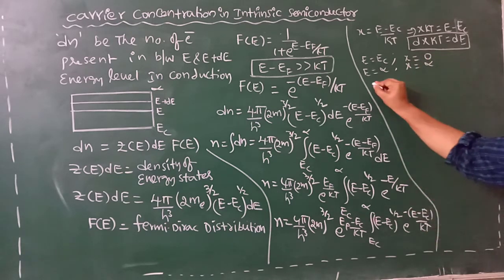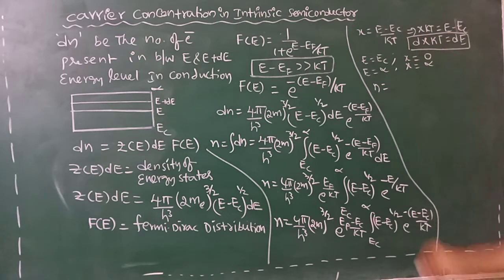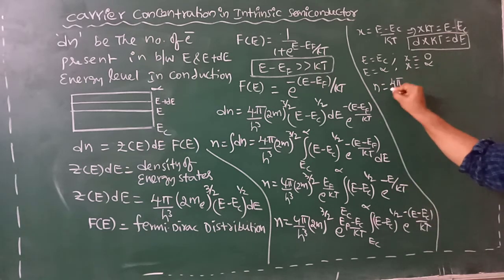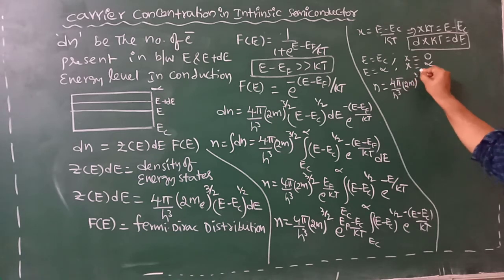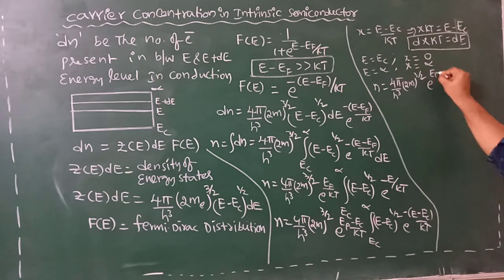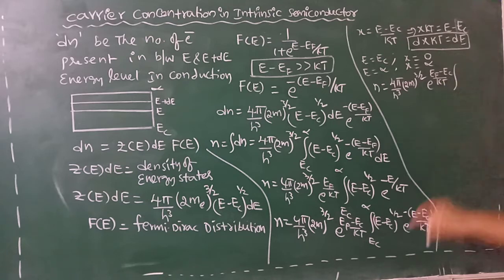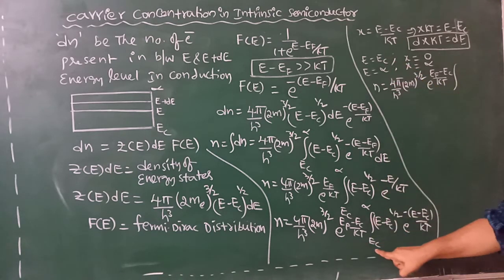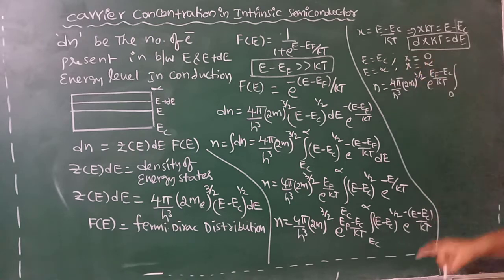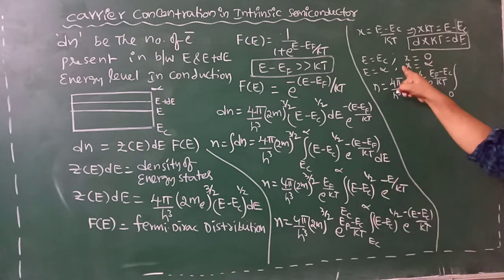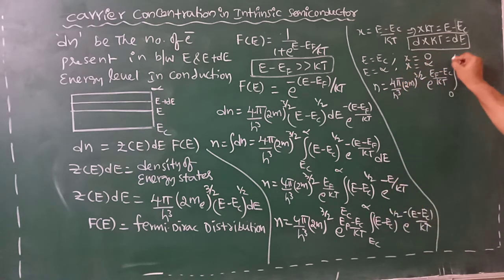Hence n is equal to 4 pi by h cube, 2m whole power 3 by 2, e power (EF minus Ec) by kT, and the integral limits are transformed. If E equals Ec, x becomes 0; if E is infinity, the integration with respect to dx has limits changed to infinity.